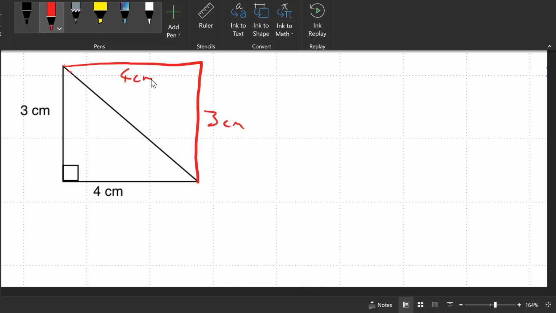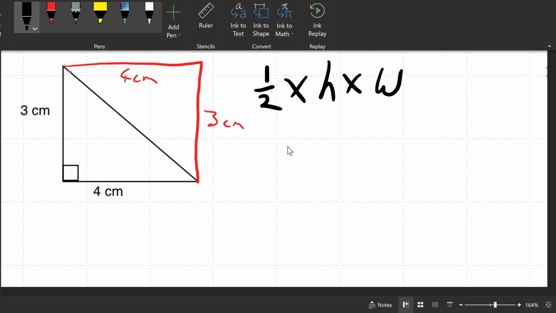This is a width of 4 centimeters. So we can see this triangle here is half of this rectangle I've extended it to. It's going to be 1/2, and what's the area of a rectangle? Well, it's the height by the width.